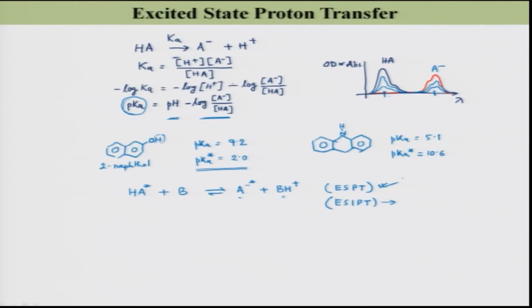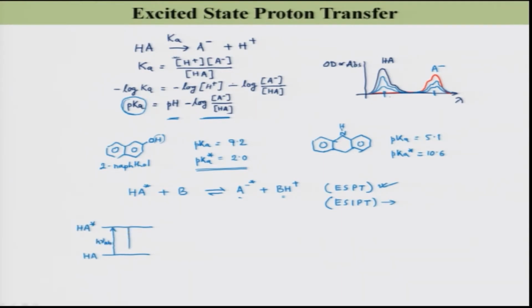Now, let me draw the energy diagram of this excited state proton transfer. In this case, this is my HA, and upon excitation it forms HA star. This is my h nu absorption.